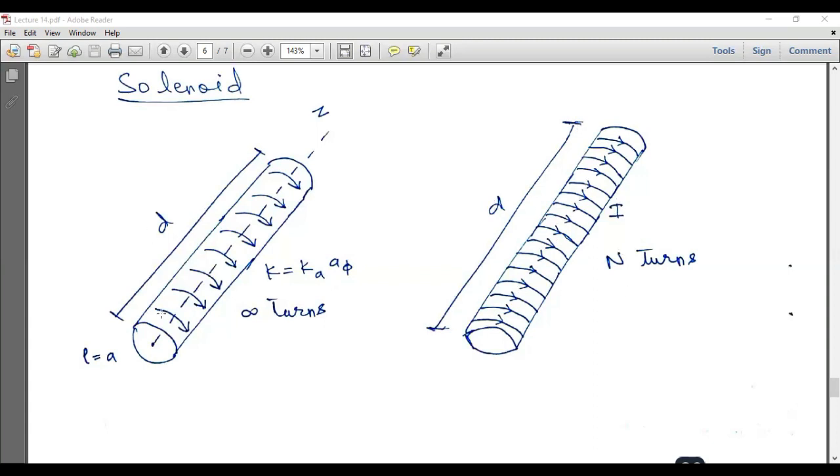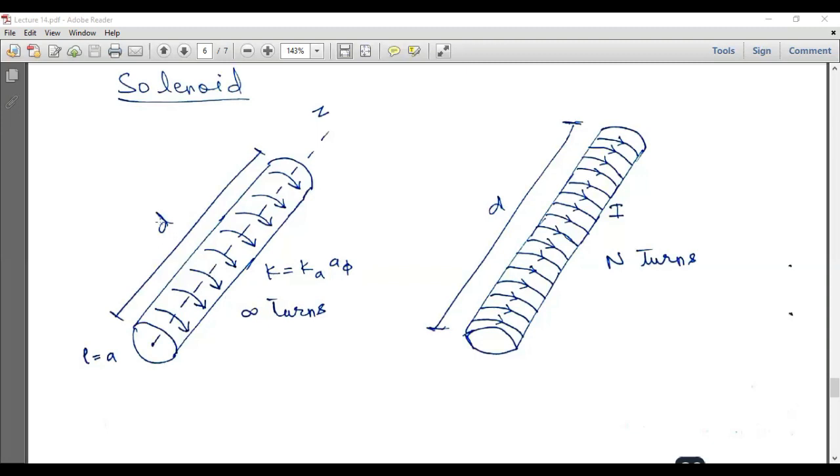But in this case, since we have assumed an infinite number of turns, the current flowing through the turns can be assumed as the surface current, K, and K is equal to K_a times a_phi. a_phi is the unit vector because the current is flowing in the phi direction.